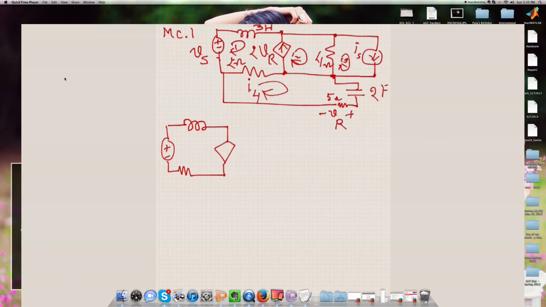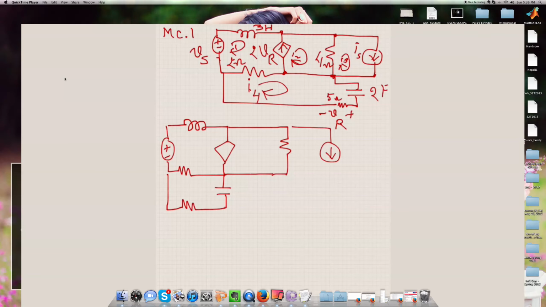So it is okay to make this smaller and just make it here, so that will avoid any kind of unnecessary distraction as we go ahead applying the mesh current method to solve the problem.